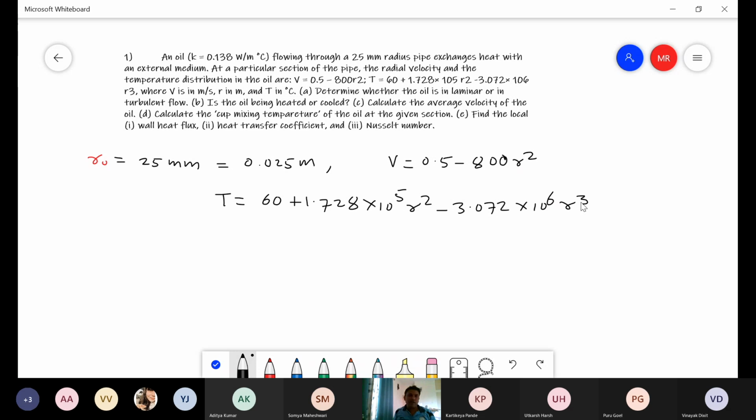Okay, so this is what is been given. Now part A is what we have to find out is whether the flow is laminar or not, that we have to determine.